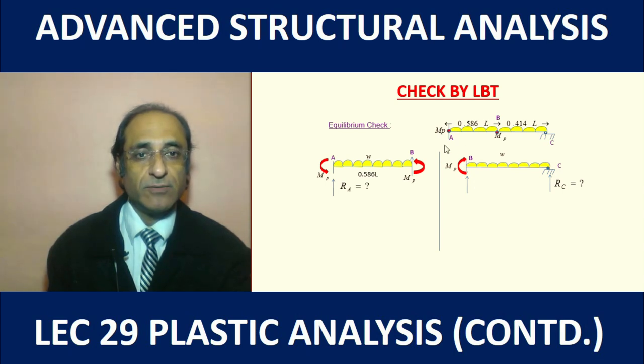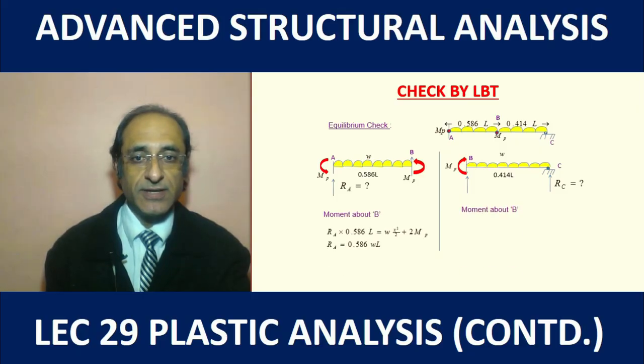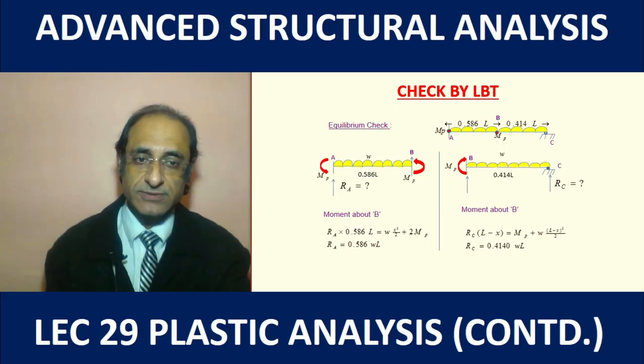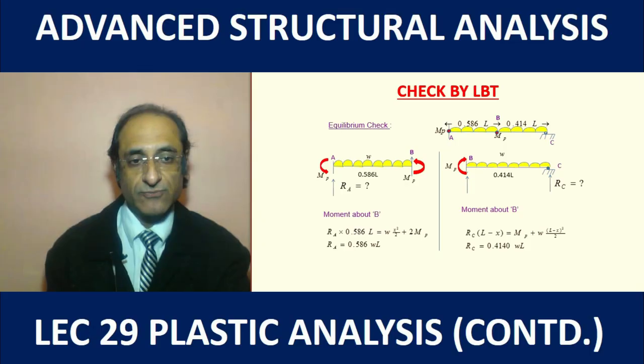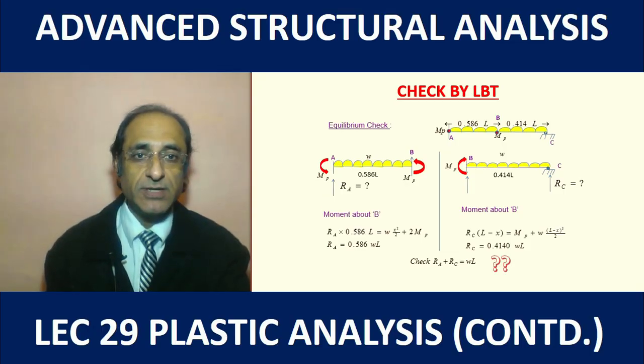The moments are basically internal moments, so based on these free body diagrams we can find out the reactions RA and RC, which come out to be 0.586 WL and 0.414 WL respectively. So these have been independently worked out. Now we can check for the overall vertical equilibrium, and this comes out to be equal to WL. So that means the equilibrium check is satisfied.